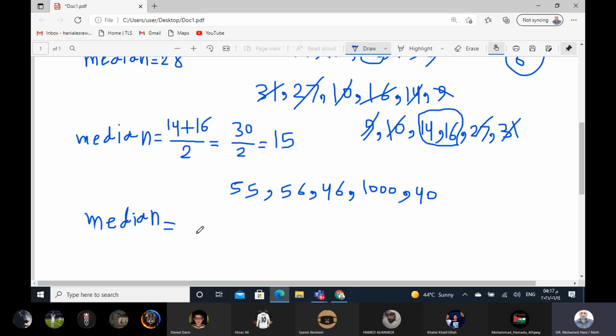The first step, put the data in order from the smallest number to the greatest number. We have the smallest number 40, then 46, then 55, then 55, 56, then 1000.